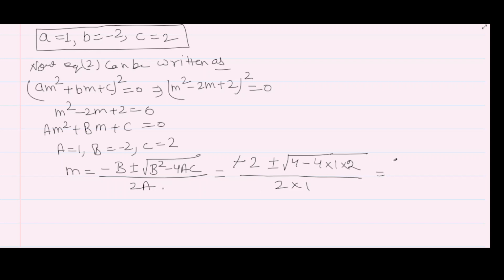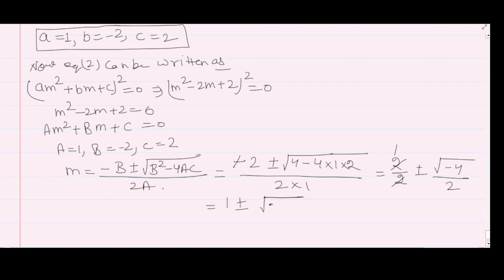Now it can be written as 2 divided by 2 plus minus under root 4 minus 8, you will get under root -4, divided by 2.